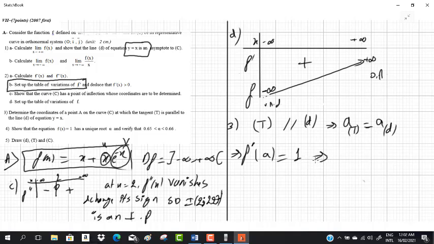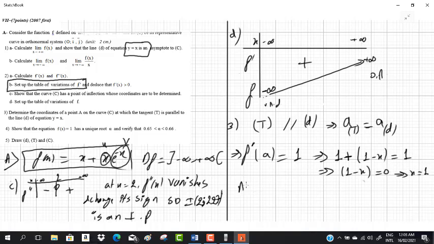f prime, I found it equal to 1 plus (1 minus x) exponential, using u prime v plus v prime u. So 1 minus x equals 1 minus 1, which is 0, so x equals 1.